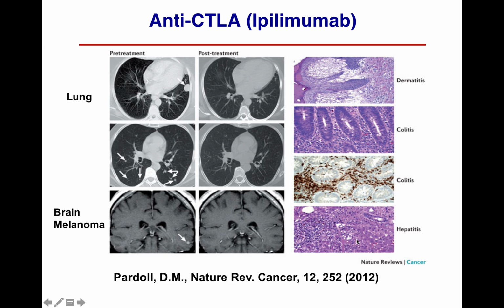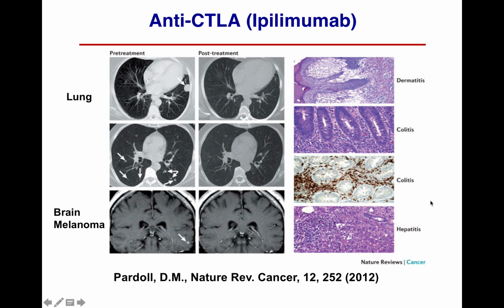Now, one of the issues with these kinds of therapies, like ipilimumab, is that you can get side effects, and those side effects have to do with the fact that if you block the ability of the T cells to be regulated by CTLA4, you can cause reversible autoimmune diseases in which T cells get overactivated, and you can get dermatitis, colitis, and some hepatitis.